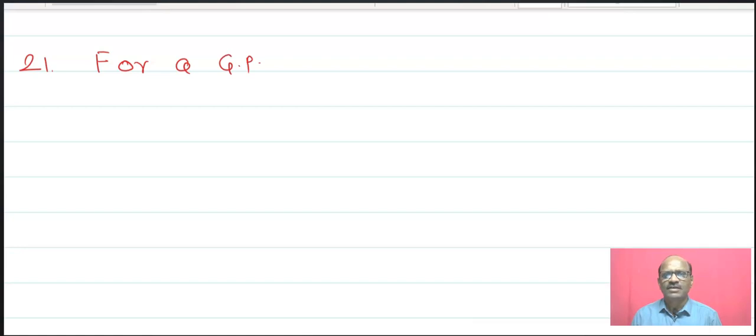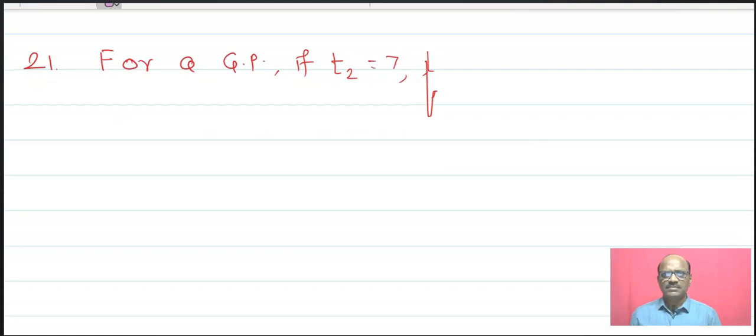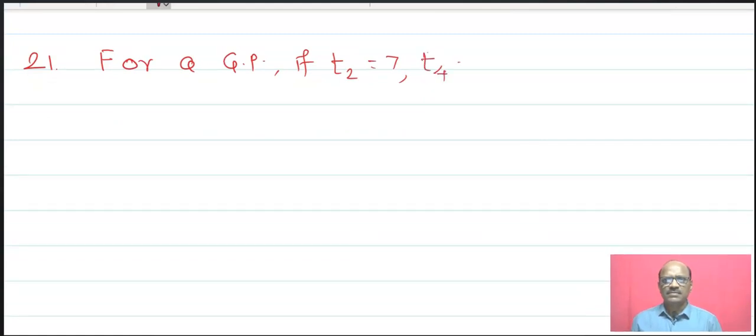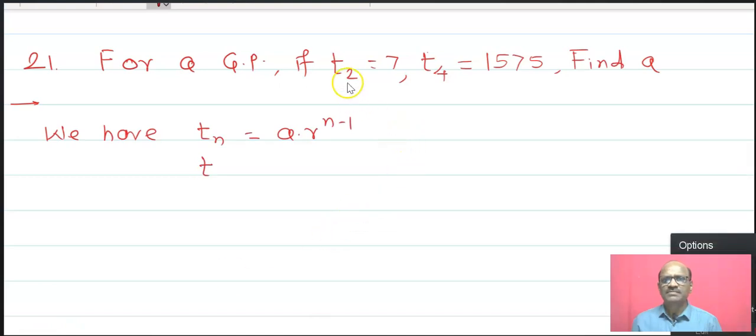For a GP, if T2 is equal to 7 and T4 is equal to 1575, then find the value of A. See here, what is given?